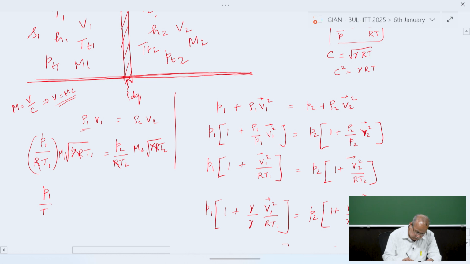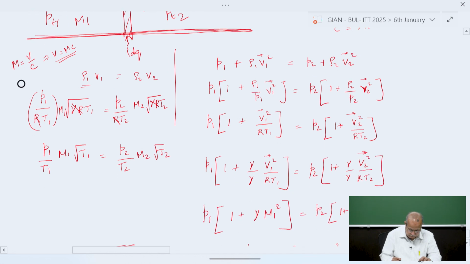P1 by T1 into M1 into square root of T1 is equal to P2 by T2 into M2 by square root of T2. So this will go off, this will go off, and then, understood? All of you understood? So you can cancel off like that.